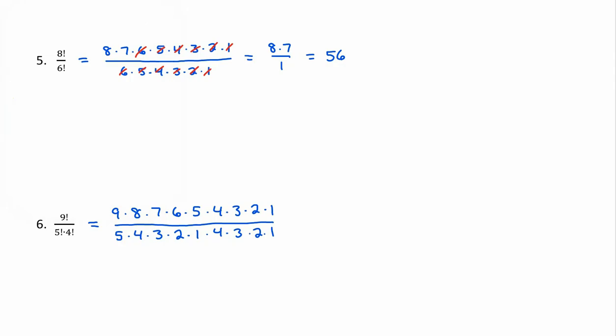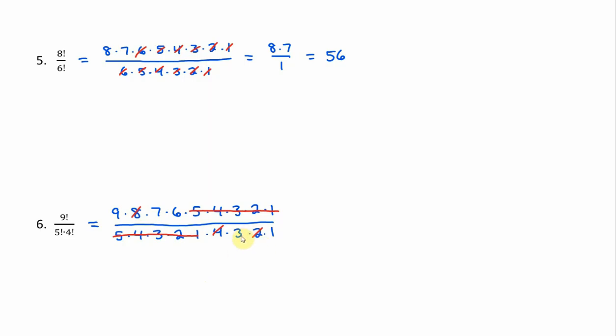So what I'm going to do here is cancel all this right here with this right here, right? So 5 factorial is gone. And then do whatever else you can do. You should be able to cancel everything on the bottom. So 4 times 2 is 8. So I could just say 4 and 2 with this 8, and that's all gone. And then the 3 goes into 6, or the 3 goes into 9.